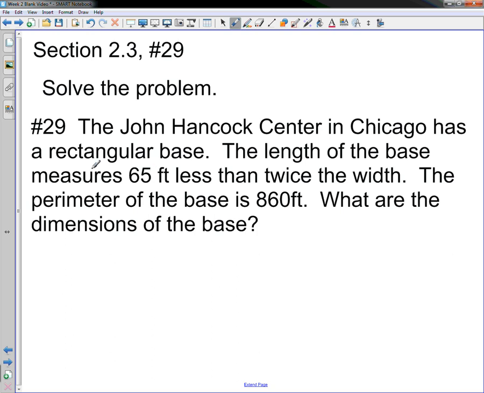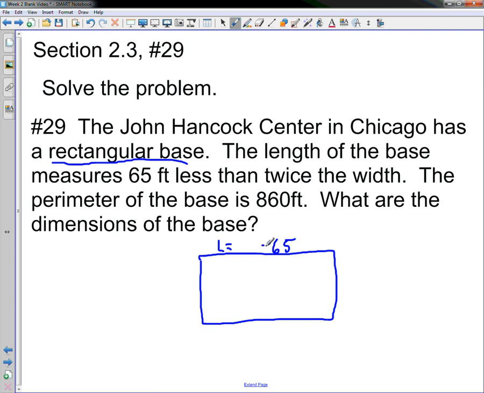Okay, so rectangular base is telling me to draw a rectangle. And then now let's see what parts we have. The length of the base measures 65 feet less than twice the width. Okay, so the length is equal to 65 less than twice the width.